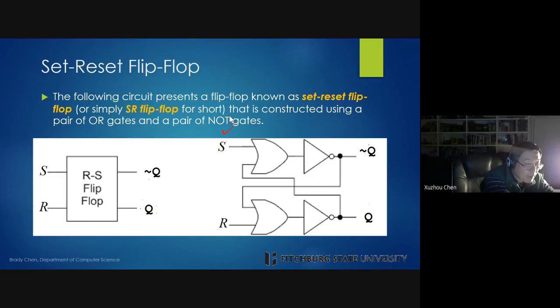The set reset flip-flop, sometimes called RS or SR flip-flop, has two input wires and two output wires. Now the design, you can design like this. You basically need two OR gates plus two NOT gates.